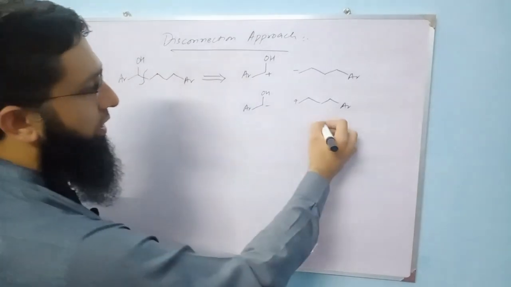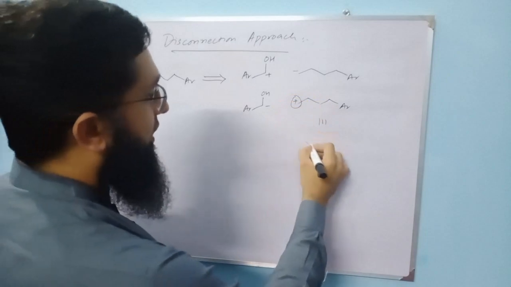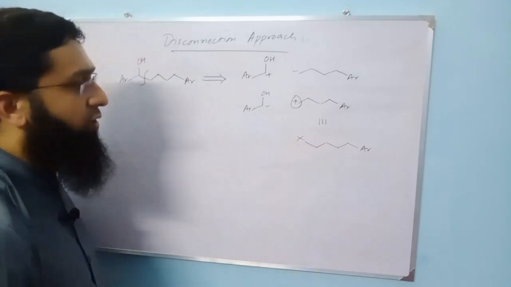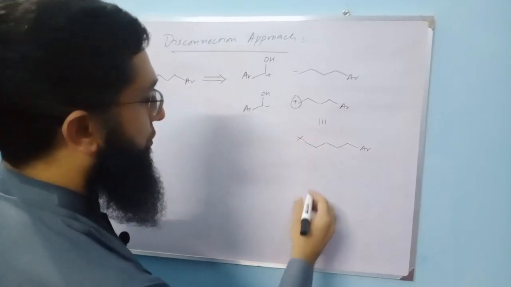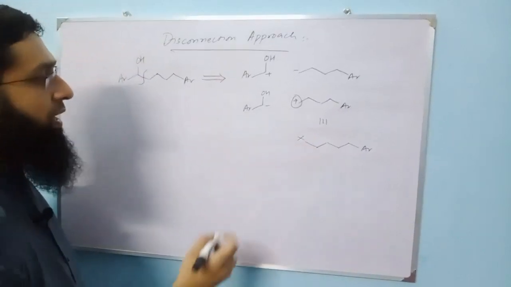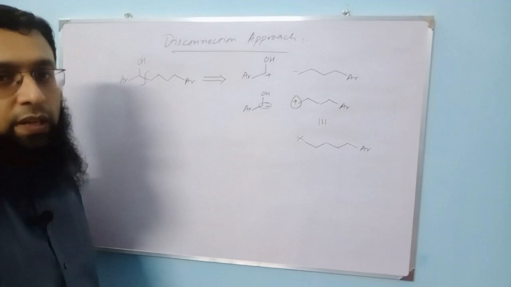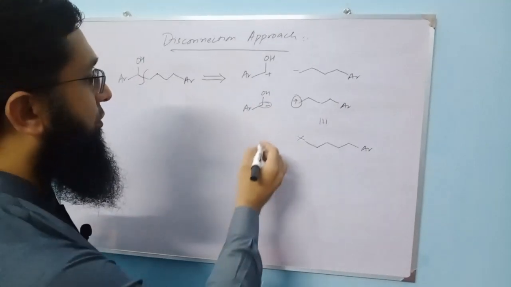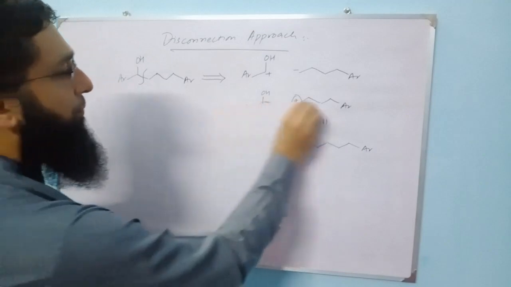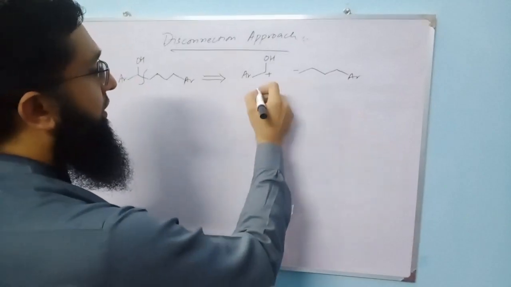So for this, when we have a positive charge on carbon, it means we can use the corresponding halogen or a leaving group there. The corresponding alkyl halide would be used. So X represents a leaving group or halogen. Here, when we have a carbon with a negative charge attached to a hydroxyl group, it is not so common to have a reagent for a synthon like this. So this combination cannot be used, and we will use this combination.